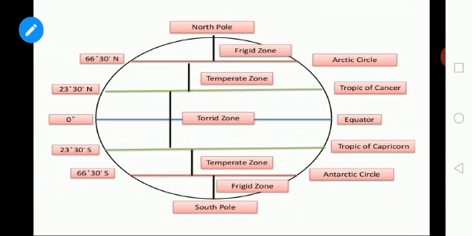The center part is the torrid zone, that is the equator; the area that lies near the equator is the torrid zone, and just farther away is the temperate zone in both the northern and the southern hemisphere, and at the end is the frigid zone, where the North Pole and South Pole experience a cold climate, isn't it? Okay.